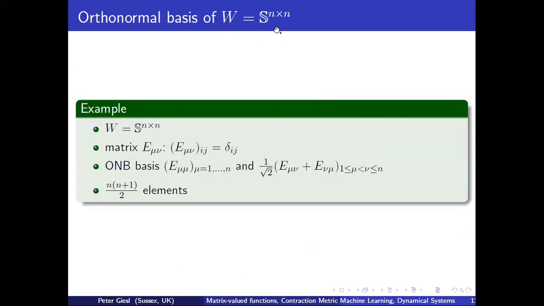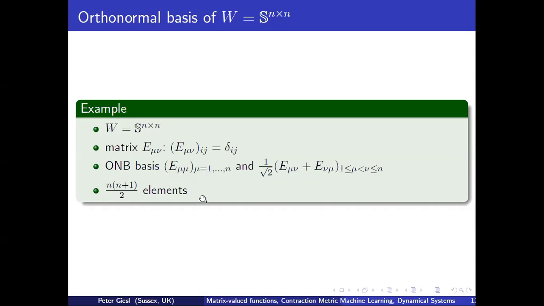For example, if W is the space of symmetric matrices, as it will be later, then we first of all define the matrices E_mu_nu, which just has a 1 at this particular entry. This would be an orthonormal basis of R^(n times n). If we look at the symmetric matrices, then we have the following basis.